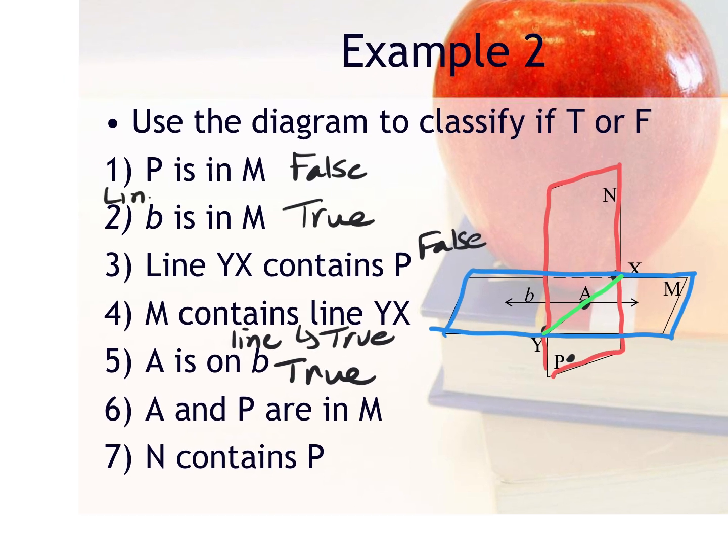This should have line in front. All right, next one. A and P, so points A and P, are in plane M. This one was false. And then the last one, plane N contains P. True. Beautiful.